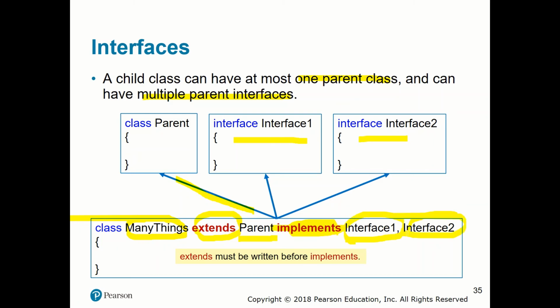You need to write like this. Here you should be careful that you must write extends first. Okay? So extends class, and then implements interface. You must write like this.